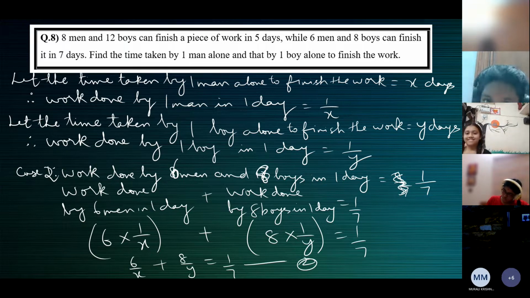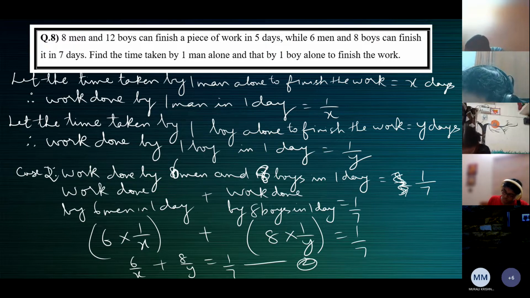Got it, children? Got the equations? 1 man, 1 day, 1 by x. 6 men, 1 day, 6 into 1 by x. 1 boy, 1 day, 1 by y. 8 boys, 8 into 1 by y.